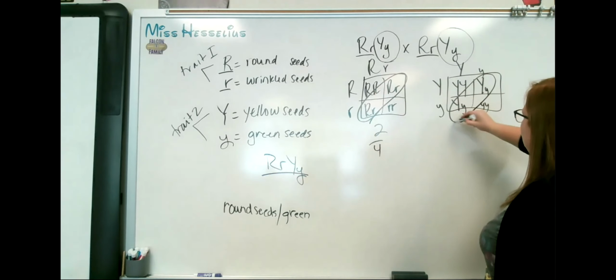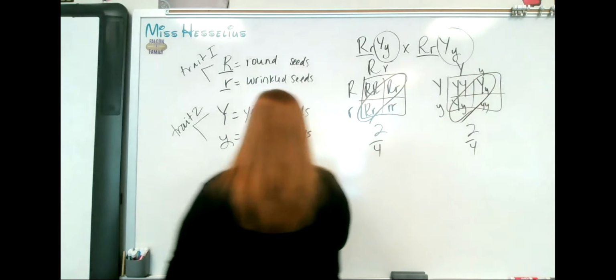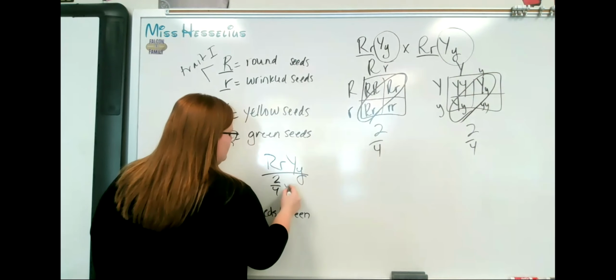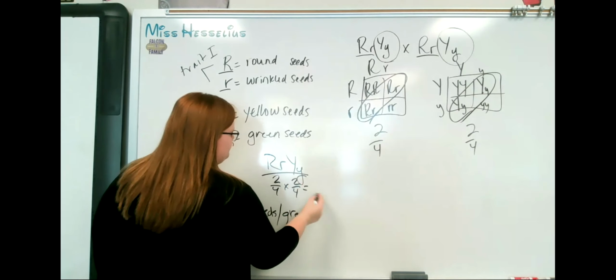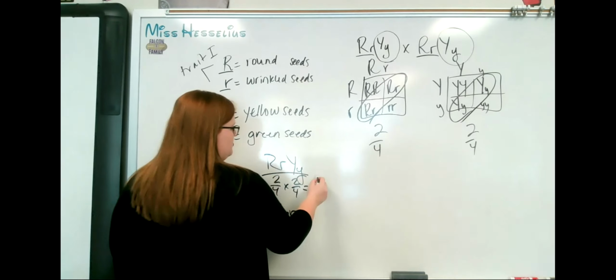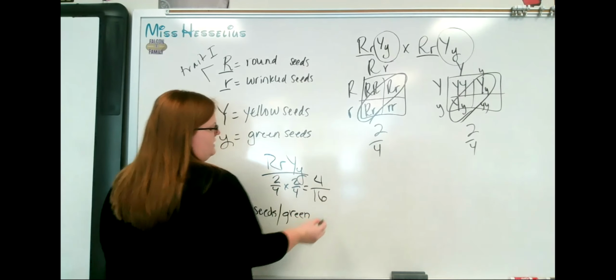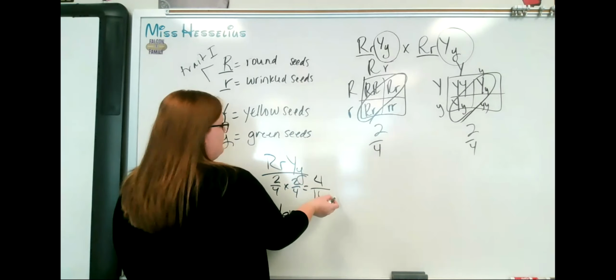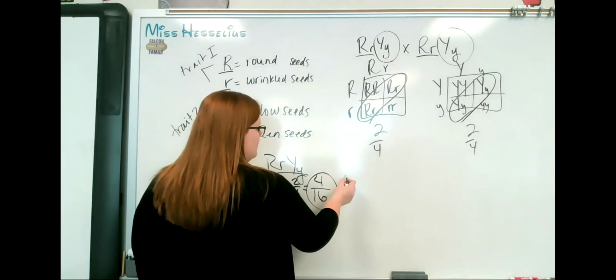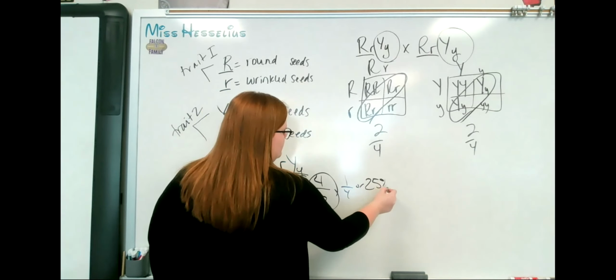Again, I've got 2 here, 2 out of 4. So I'm going to multiply these fractions together because it was 2 out of 4 times 2 out of 4. When you multiply fractions, you multiply across. 2 times 2 is 4. 4 times 4, 16. So again, same answer: 4 out of 16 or 1/4 or 25%.